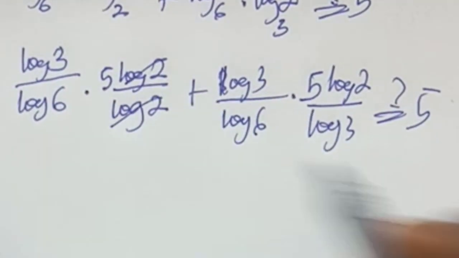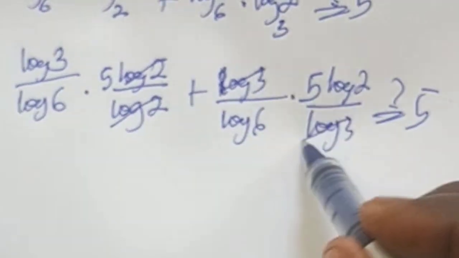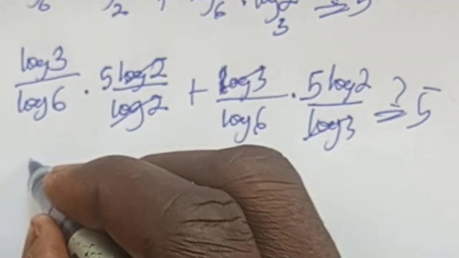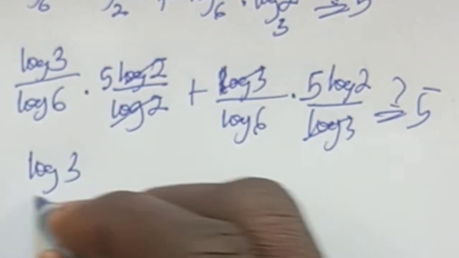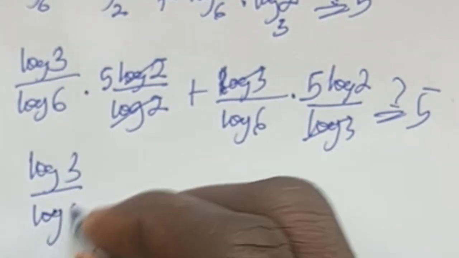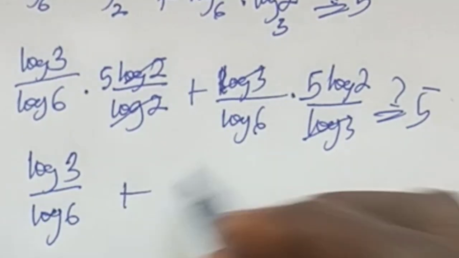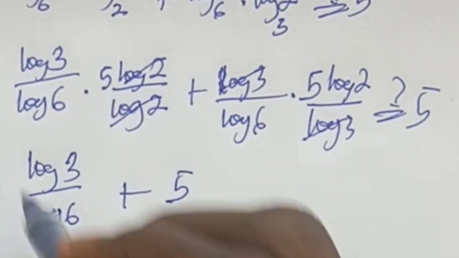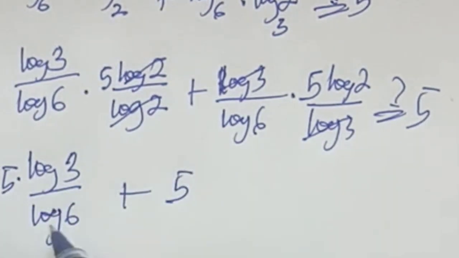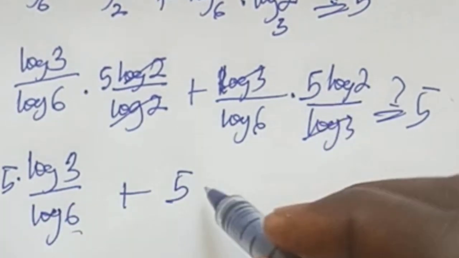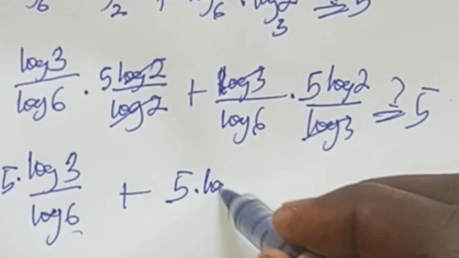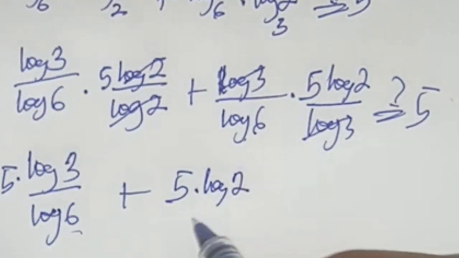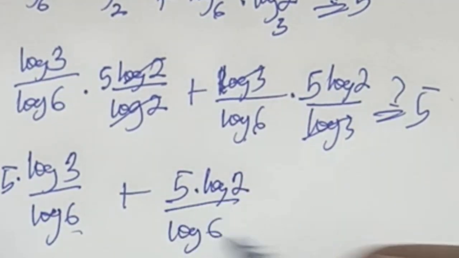And log 2 will cancel out. Again, log 3 here also will cancel out. What is left will be log 3 over log 6 times 5, plus 5 times log 2 all over log 6.